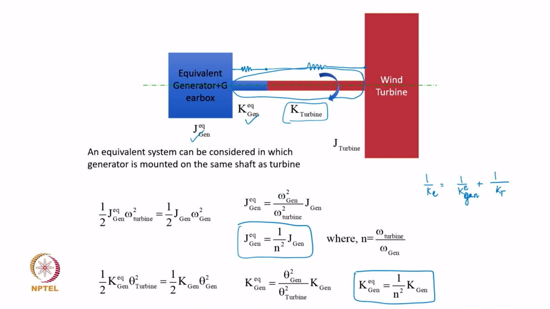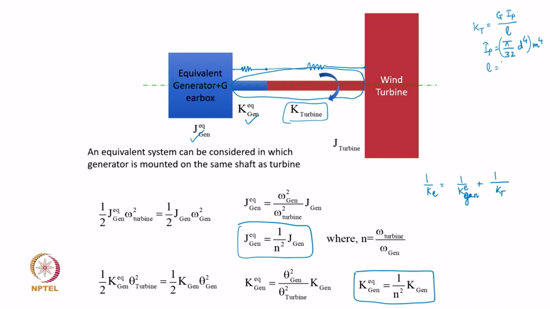Whatever is the material, that shear modulus can be used to find the stiffness of the turbine shaft. So, G IP over L, and IP we all know is pi over 32 d to the power 4 meter to the power 4, the polar area moment of inertia.